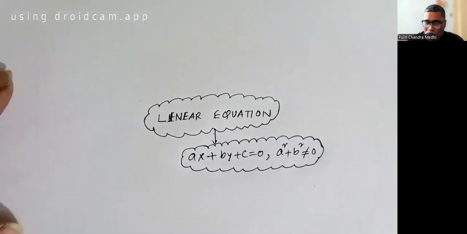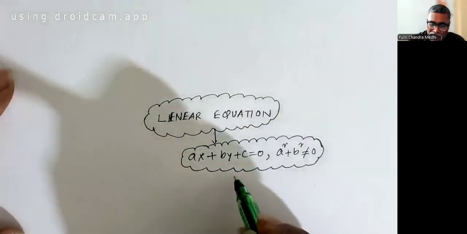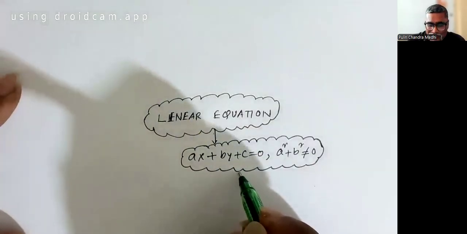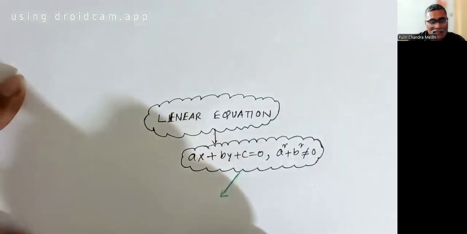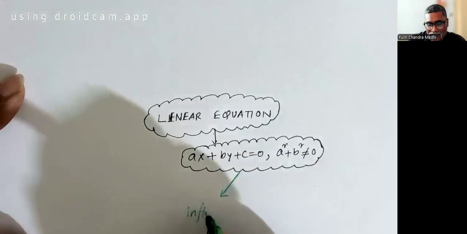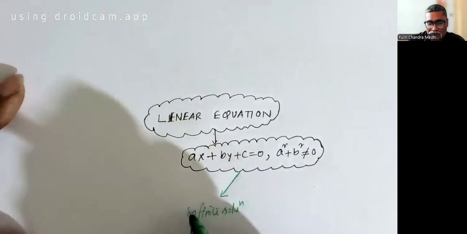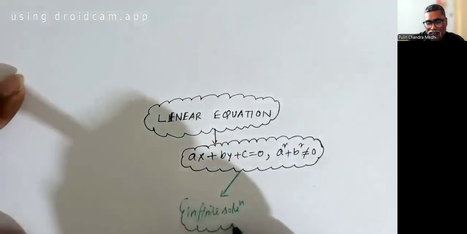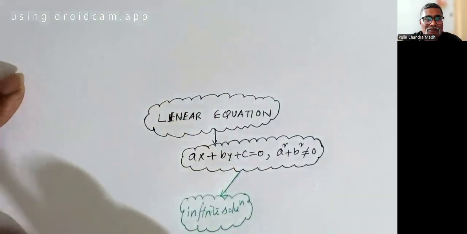Okay, what do you know about this now? Try to make it. Okay. What I know, right? One is that it has how many solutions? Infinite solutions, right? A linear equation in two variables has infinite solutions.